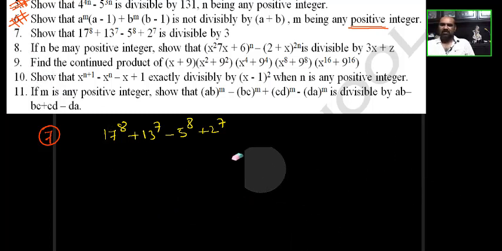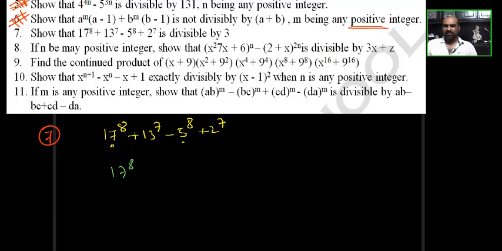Yeah. Now I want to prove that this is divisible by 3. So I want to use the concept of the factor theorem. So I want to group these two. Okay. 17 power 8 minus 5 power 8, one group, plus 13 power 7 plus 2 power 7.